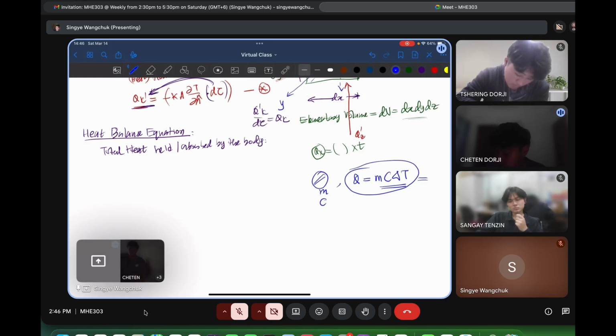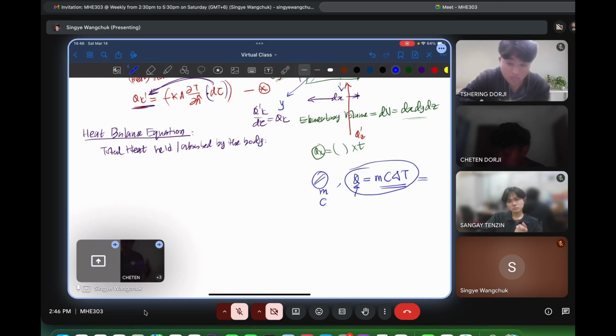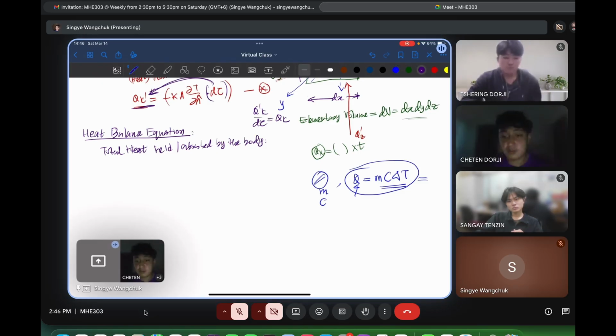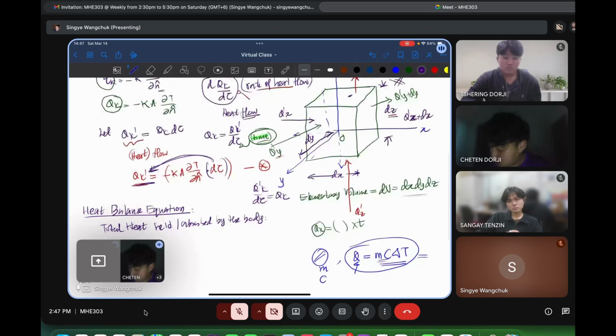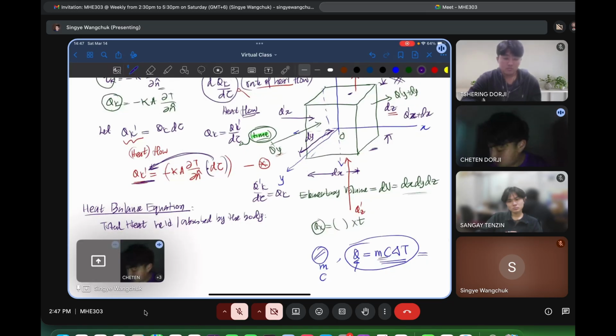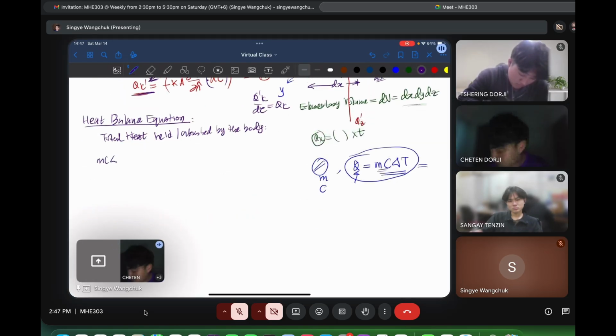This is the heat which is absorbed by a body. So the heat which is absorbed by this element, the heat contained by this element that we consider as dV, is just mc delta T.